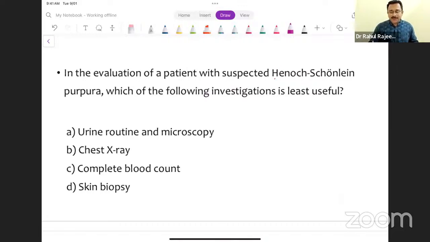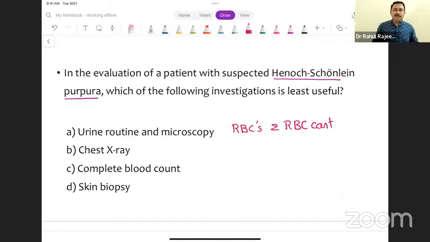Remember, HSP can involve the kidney. It can involve the glomerulus, because of which there can be glomerulonephritis. So I am expecting RBCs and RBC casts. So that is one investigation that is going to be useful.